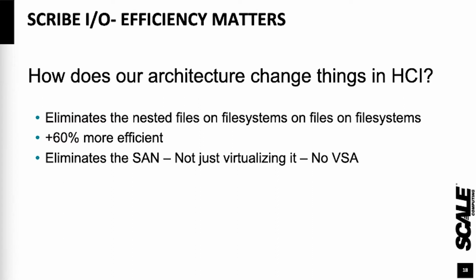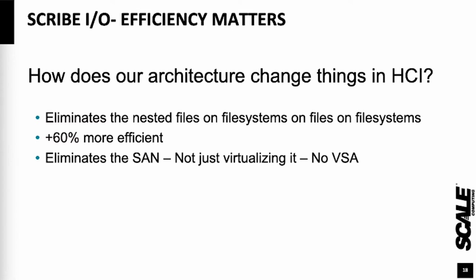So why does this matter? Why do you care? It's because you can actually eliminate a lot. You can eliminate the nested files upon file systems upon files upon file systems that I showed you at the beginning. The fact that it's 60% more efficient means you're actually saving 60% of the cost, and you can fully eliminate the need for software and SAN.